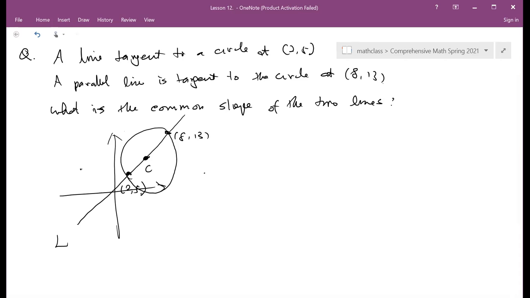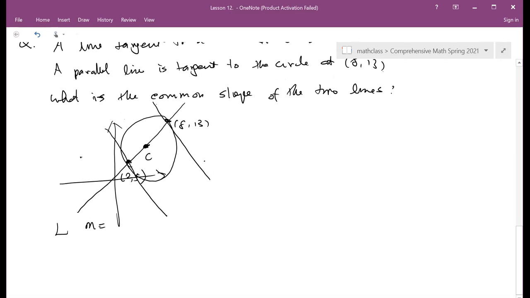That's the first condition. And then you have two lines. That's why they are parallel, because they're perpendicular to the line segment from the center to the point. So first of all, you find the slope of the line.